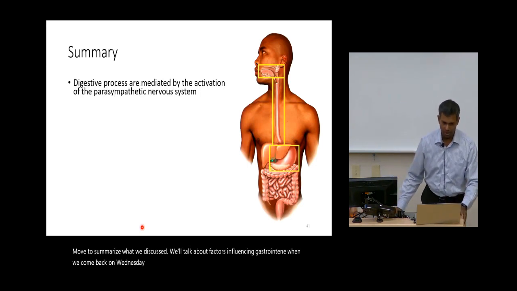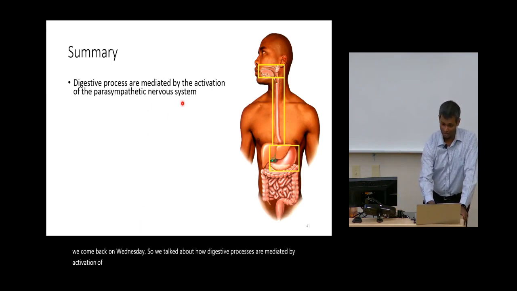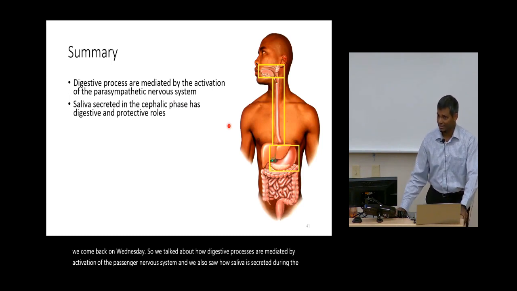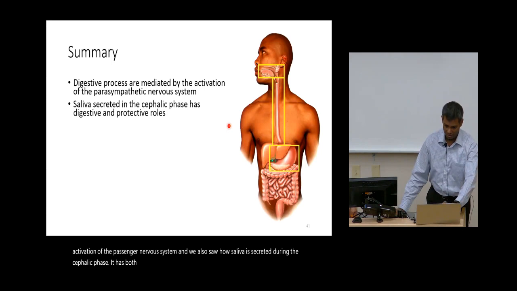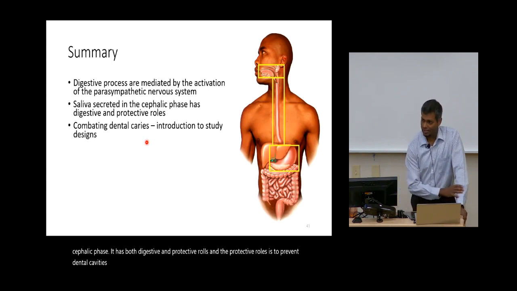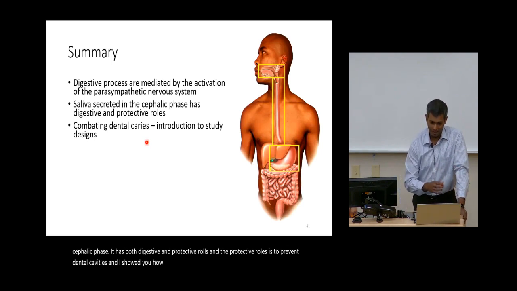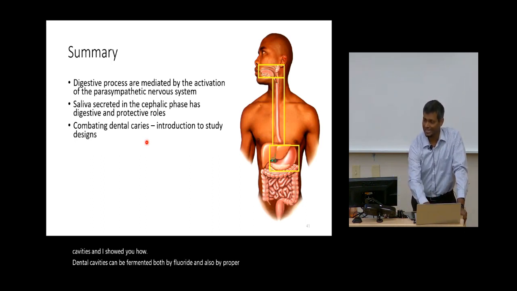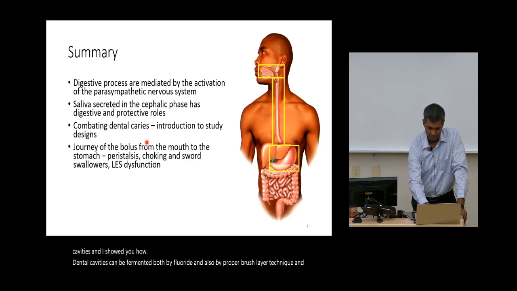So we talked about how digestive processes are mediated by activation of the parasympathetic nervous system, and we also saw how saliva is secreted during the cephalic phase. It has both digestive and protective roles, and the protective role is to prevent dental cavities. And I showed you how dental cavities can be prevented both by fluoride and also by proper brushing technique and by xylitol.